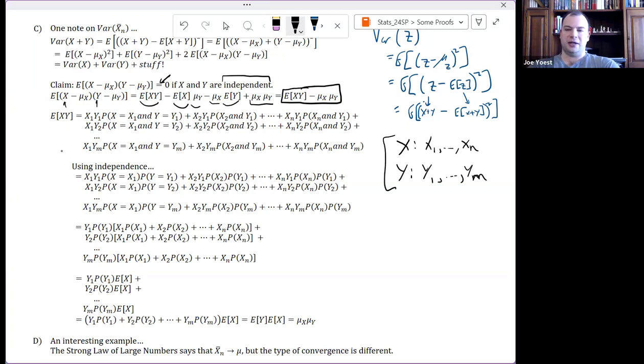We're assuming finite outcomes for each of these, the discrete case. So x has potential outcomes x1 through xn, and y has potential outcomes y1 through ym.